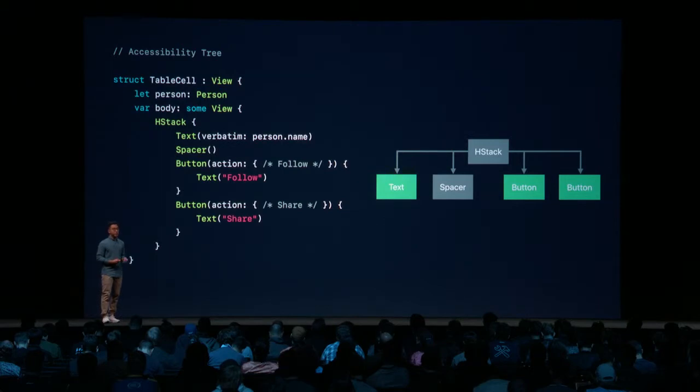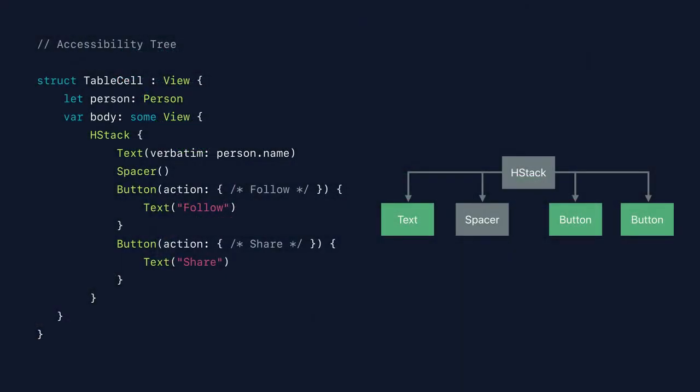And we'll do this by creating an accessibility element at a higher level in the view tree. We can find a view that is a parent of our accessibility elements and create a new element there. In our case, we'll use the HStack. We can use the accessibility element function on our HStack to create a new element.